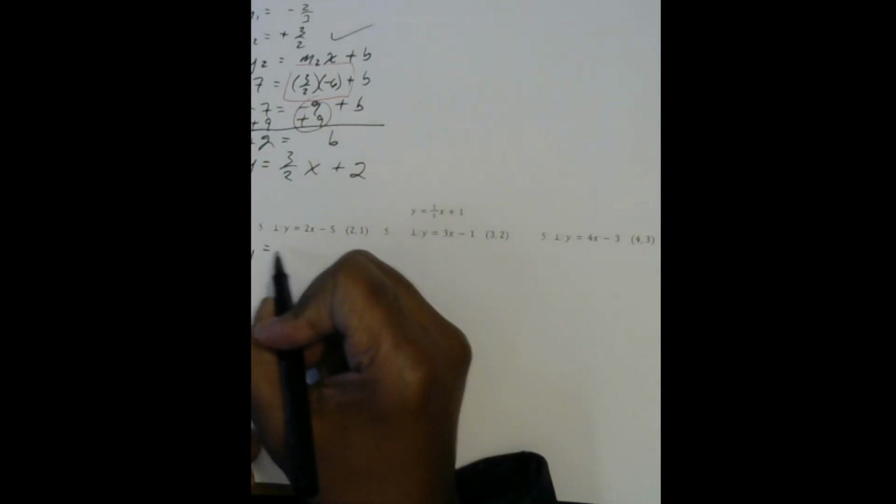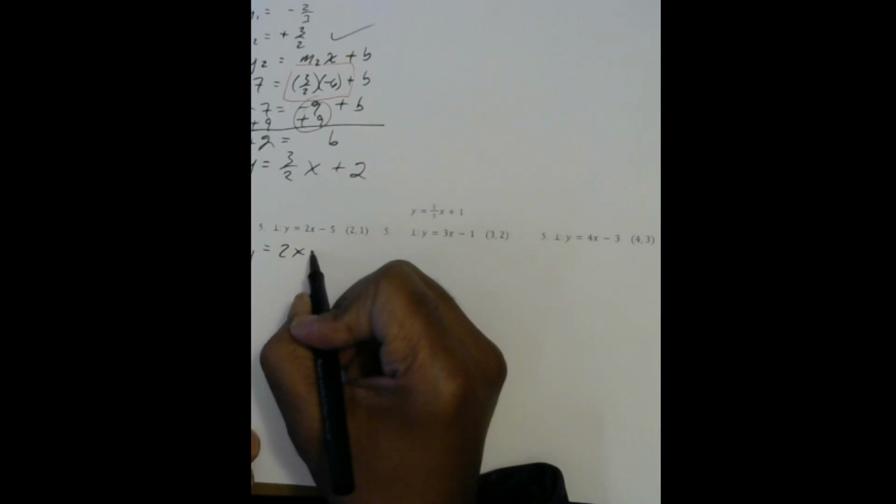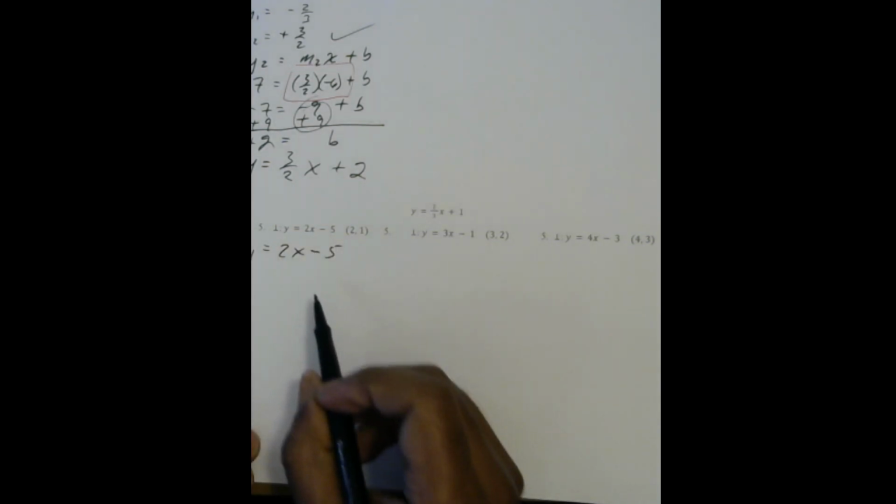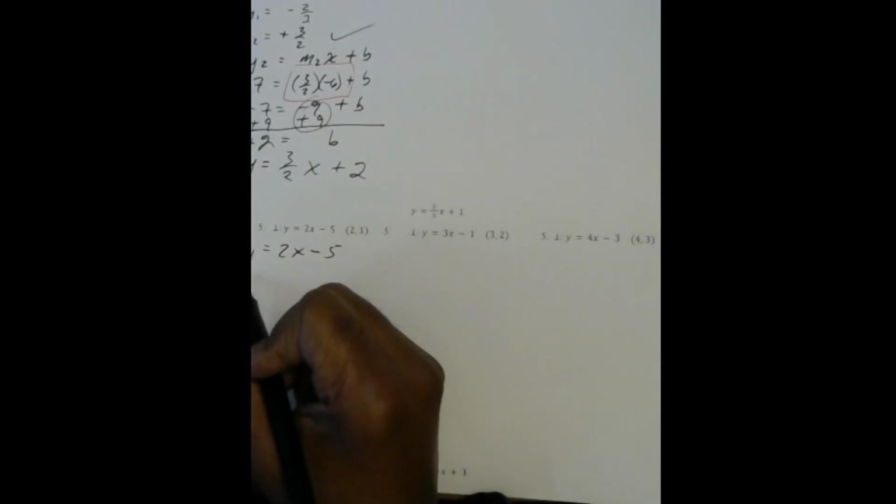Okay, let's try the next one. On the next one, we have y equals 2x minus 5. That's the first equation. So the first equation is 2x minus 5. And the slope for the first equation is a 2. Now, to take the reciprocal of a 2, we need to do a little bit of work.